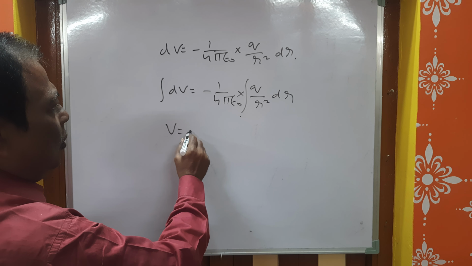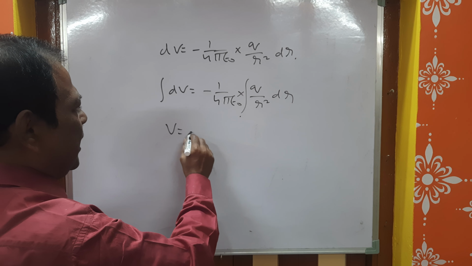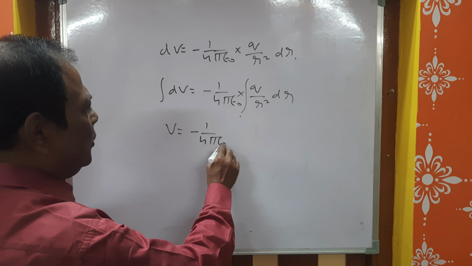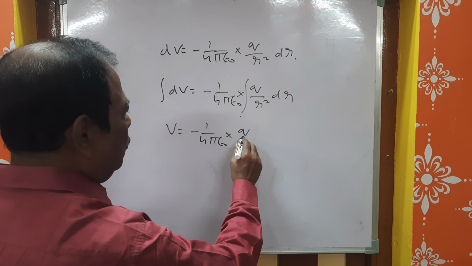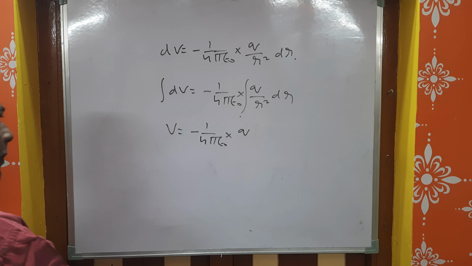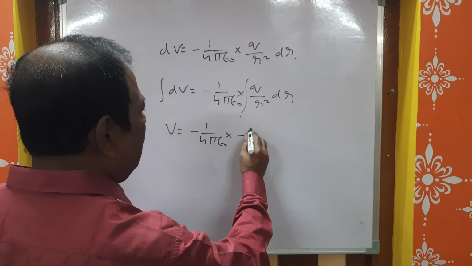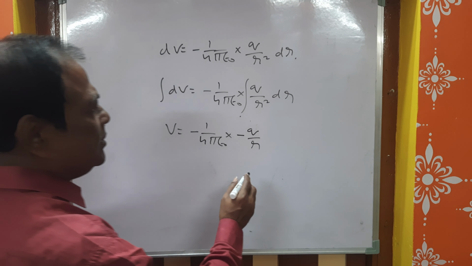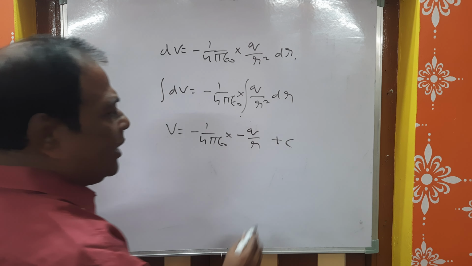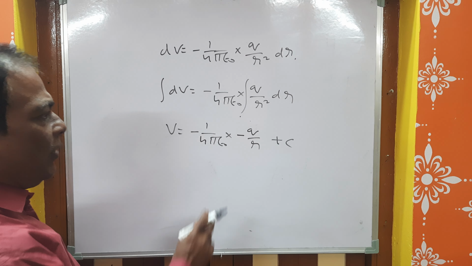This integration, you know, gives minus 1 by 4 pi epsilon 0 into Q into minus sign of Q by R plus some constant that will come. It is called the integration constant. Why minus Q by R?